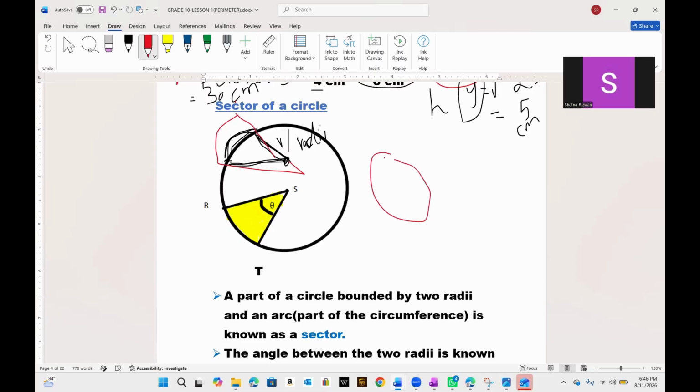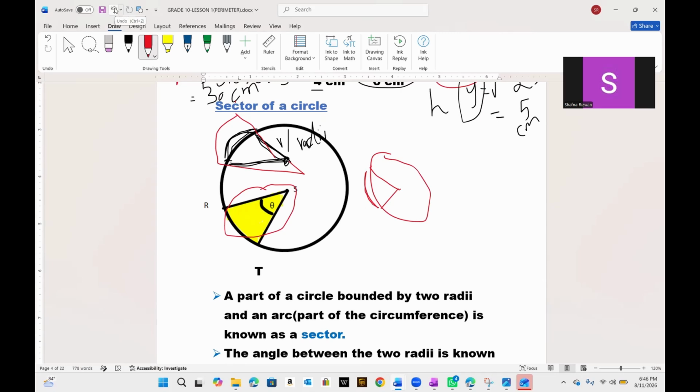You have a circle, and from the center to a point on the circle you have a radius like this, and another radius here. When this part of the circle is bounded by these two radii and this arc, you call this part a sector of a circle.